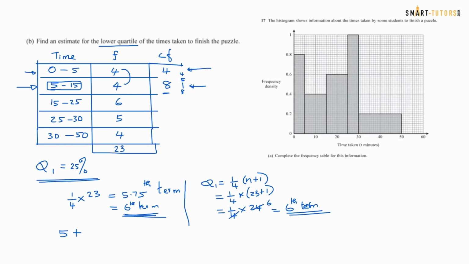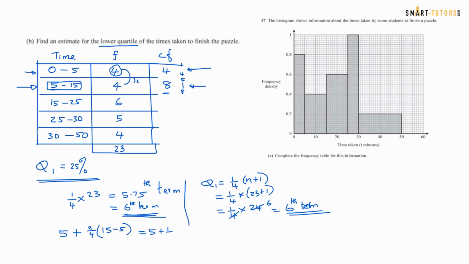So you need to take this value. The way to do it: the starting point is 5. So 5 plus, 4 numbers are gone already, so the 6th means 2 here. So 2 upon 4 times the class width.